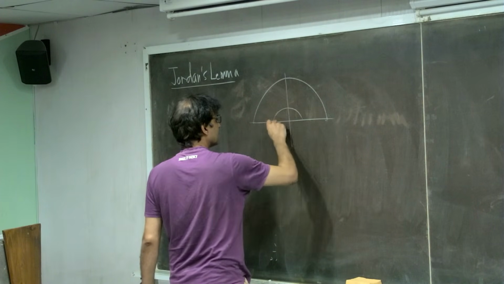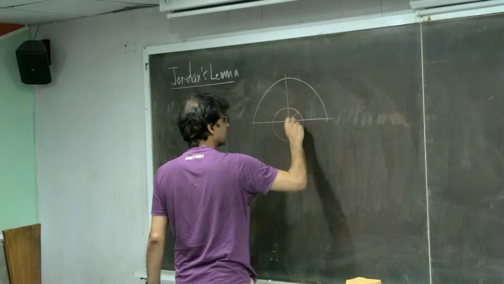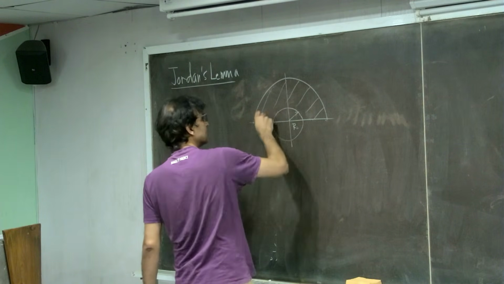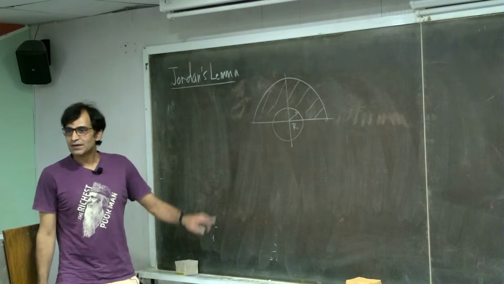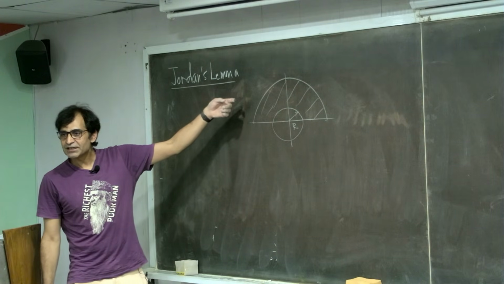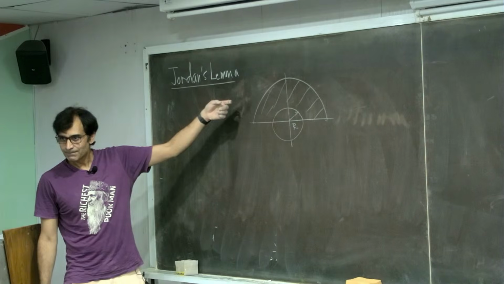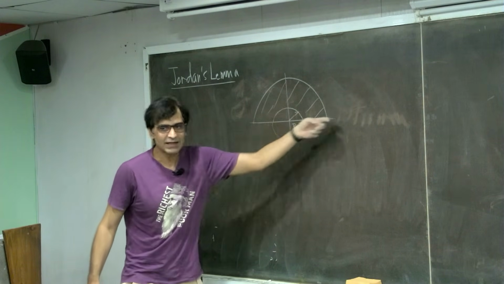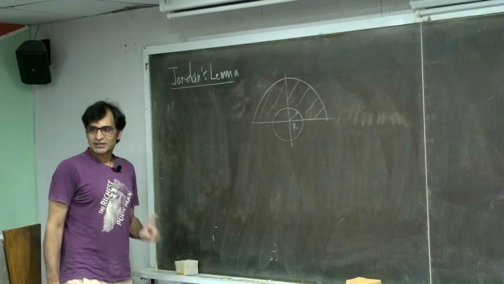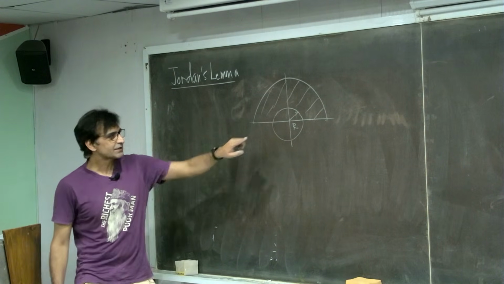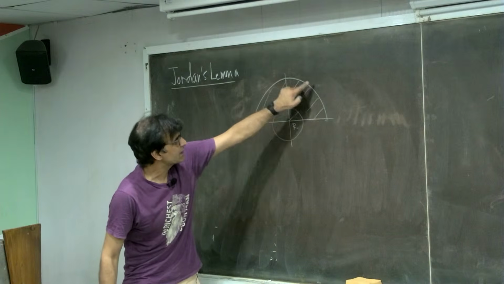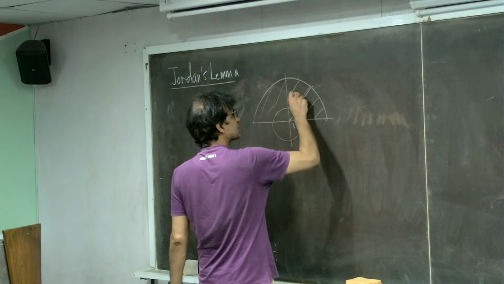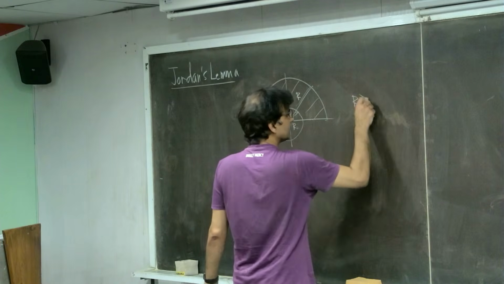everywhere except in this circle of radius r naught, else it is analytic everywhere. It has poles on the imaginary axis. It can have poles over here, here, anywhere, not on the real axis. This is one condition. The second condition is you have to take a semicircle of radius capital R, and this R is bigger than R naught.